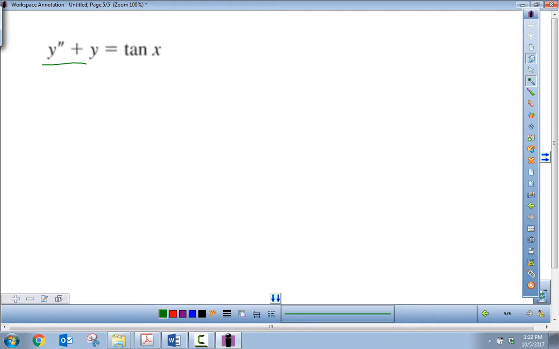All right, so let's first find our homogeneous solution. Oh man, already? Cosine and sine? All right, fine. So m squared plus 1 is equal to 0, so m is equal to plus or minus i.